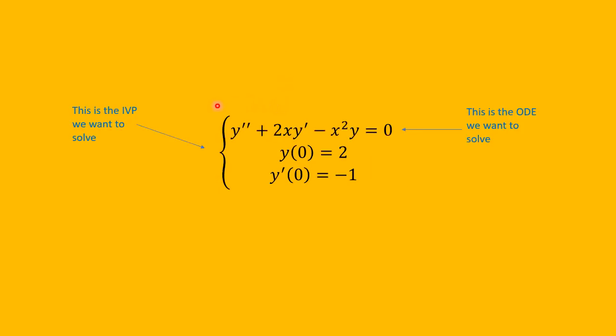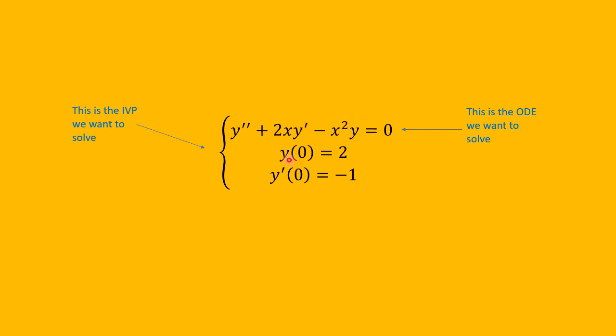In this lesson, we're going to consider the following initial value problem. Here's the differential equation, y double prime plus 2xy prime minus x squared y equals 0. This is a linear homogeneous differential equation.